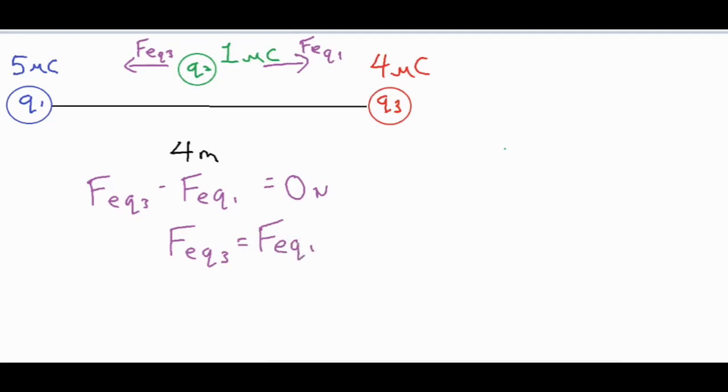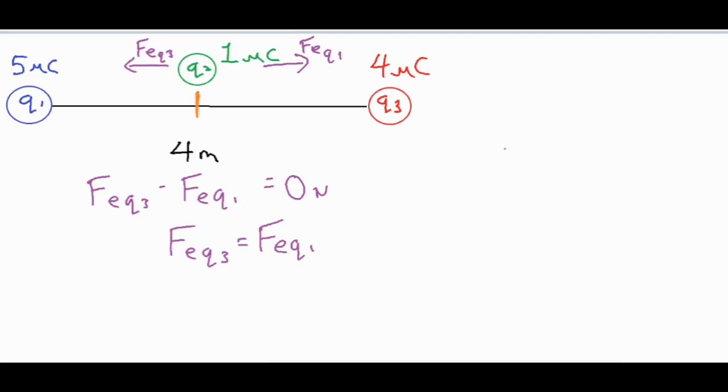Now, if we know that they're equal to one another, we can go ahead and use Coulomb's law and a little bit of algebra to figure this out. Coulomb's law is kQQ over r squared. The problem here is we don't know what the r values are. So we know that the separation distance between Q1 and Q3 is a total of 4 meters. So what we can do is come up with our own notation.